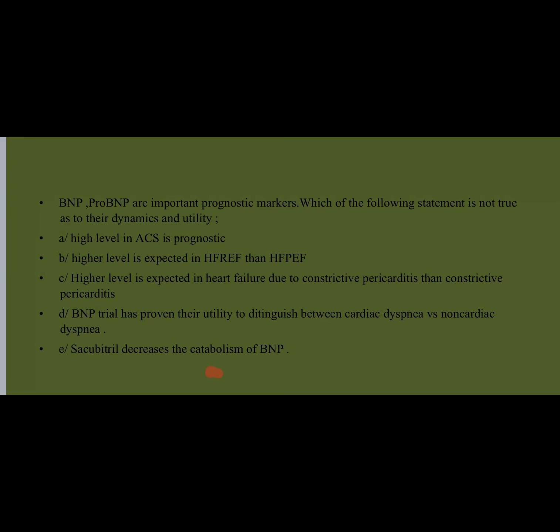Sacubitril decreases the catabolism of BNP. Wrong, it is the catabolism of A and B. Increase. It's true, that's why we don't use BNP in heart failure if the patient is taking sacubitril. Right, but is it increase or decrease?